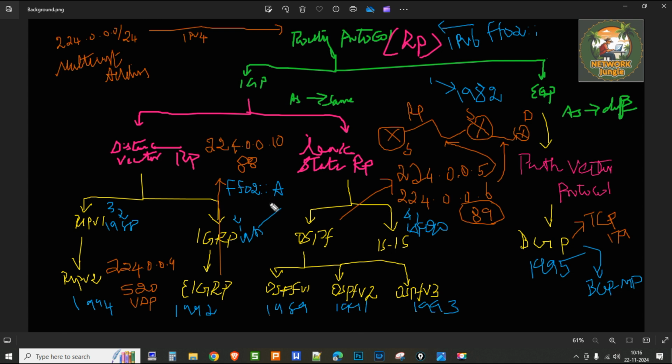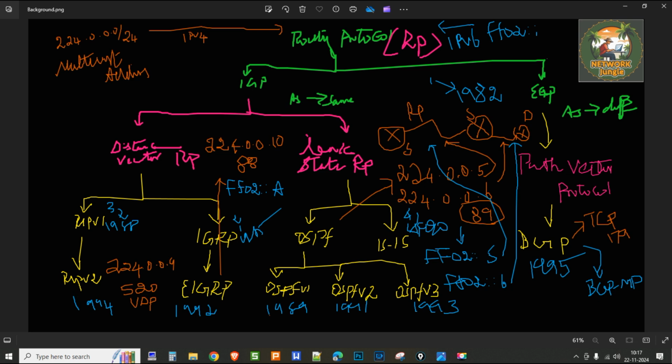So this address can be used to share the routing information between the EIGRP routers. Likewise, for OSPF, FF02 : 5 between the same area. FF02 : 6 in the different area or different border routers.